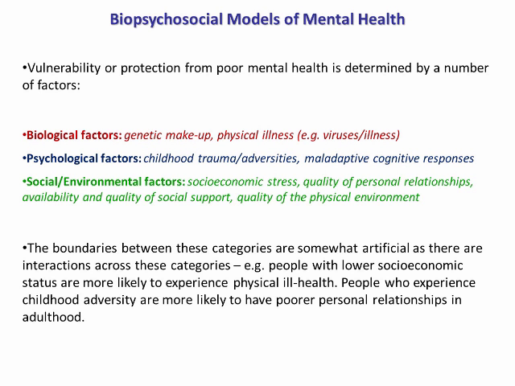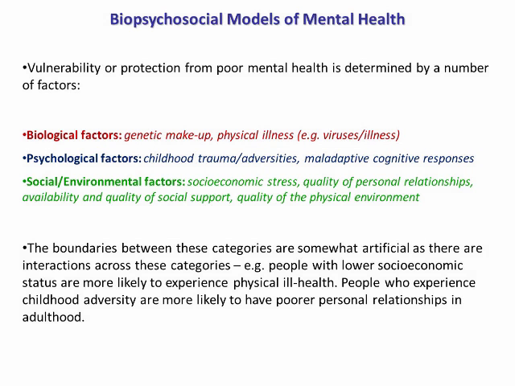Lots of depression, for example, might be triggered by experiencing poor physical health. Then there's what we refer to as the psychological factors. So, for example, having a poor childhood, experiencing adversity. It's when you learn the maladaptive responses. And then finally, the social environmental factors, which covers things like your exposure to socioeconomic stress, the quality of your relationships, social support, and the quality of your physical environment.